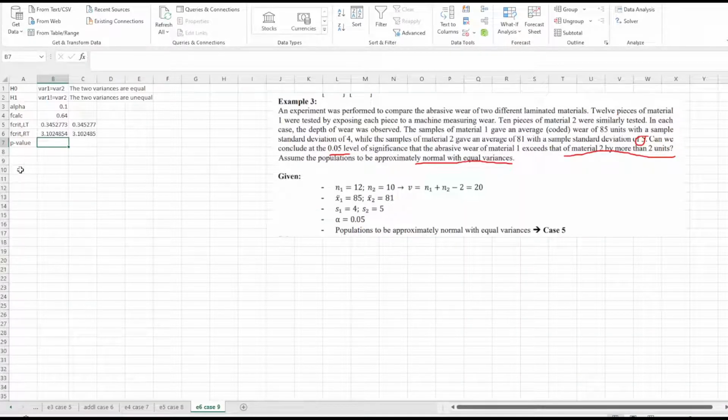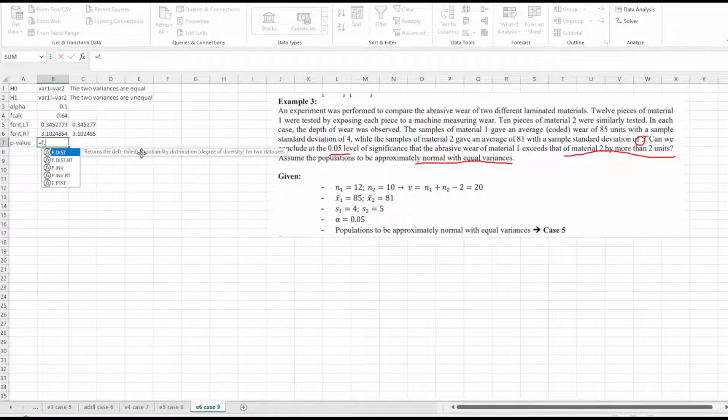Pwedeng kunin mo yung p-value from the left and p-value from the right. Then, check kung alin doon ang posibleng mag-0.05 or maging comparable sa alpha. So, ito, p-value approach, let's just use the left tail because we know it's 0.64, it's lower. So, we do F.DIST, left tail to.